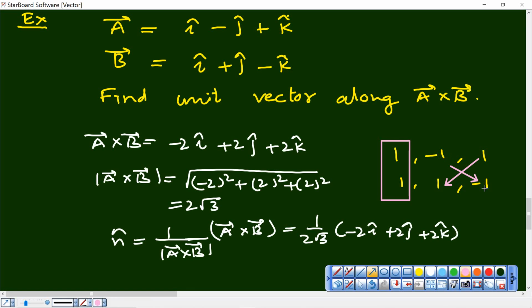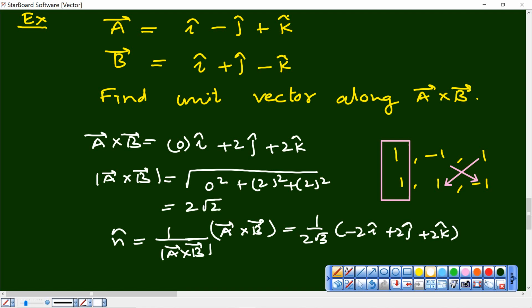Minus 1 into minus 1 is what? 1. Oh my God! I made a mistake, and you noticed. It changes the whole game. So this is going to come out to be 2. 2 root 2.